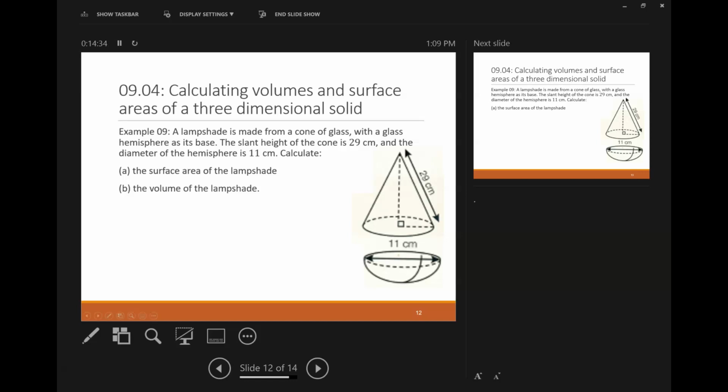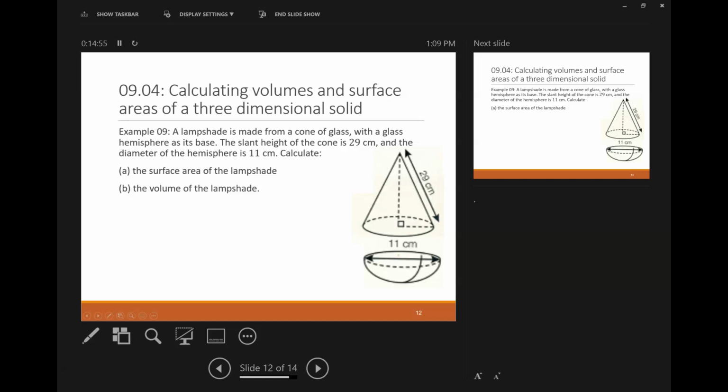Another example. Here we're going to make a lampshade from a cone of glass, and it's got a glass hemisphere as the base. We know the slant height of the cone is 29 centimeters, and the diameter of the hemisphere is 11 centimeters.